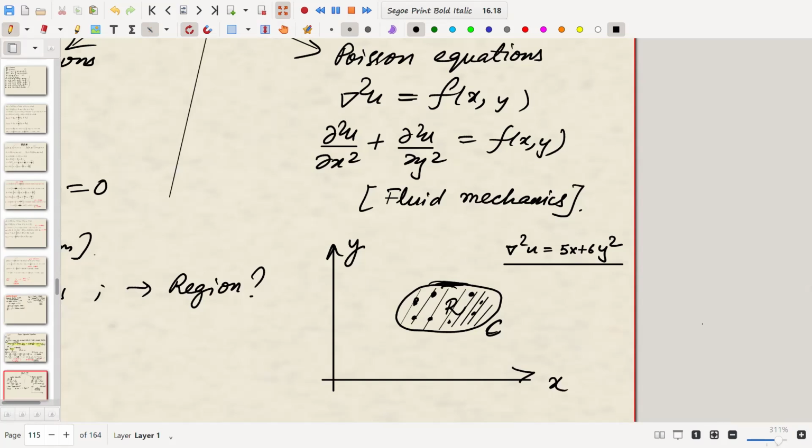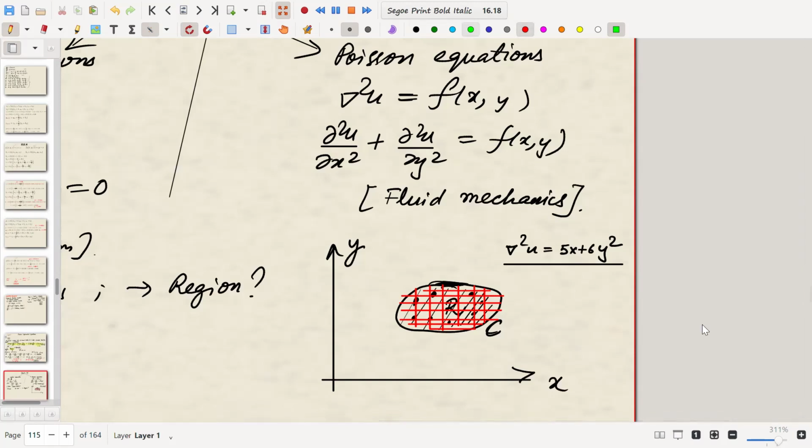So what we do is usually we take a mesh of this. This is how a mesh occurs. And therefore, the idea of PDE in numerical methods is simple.